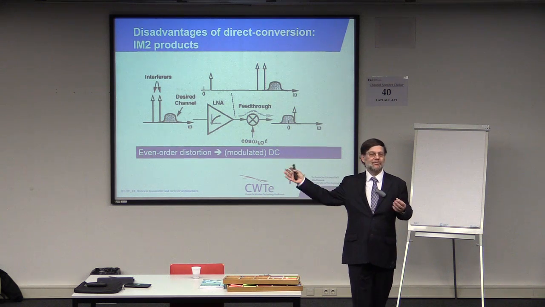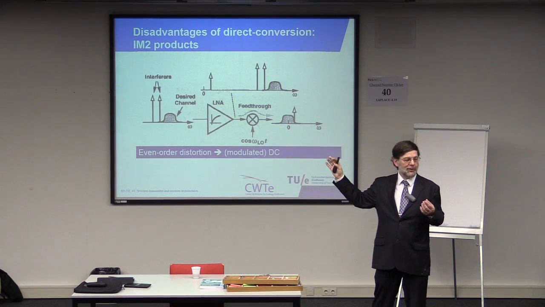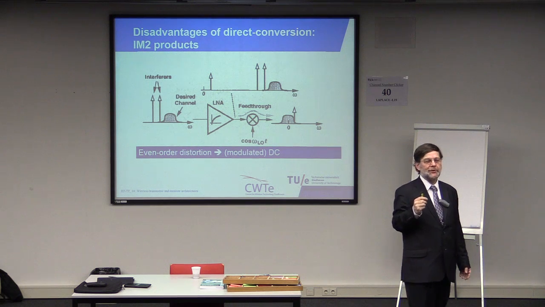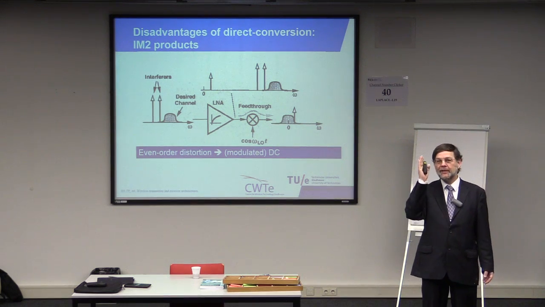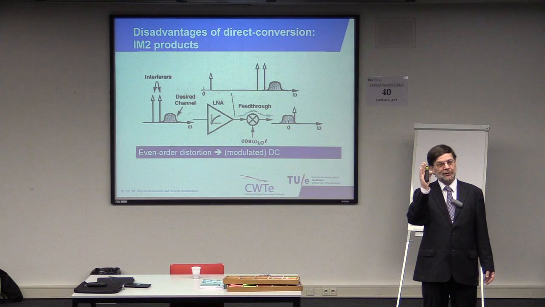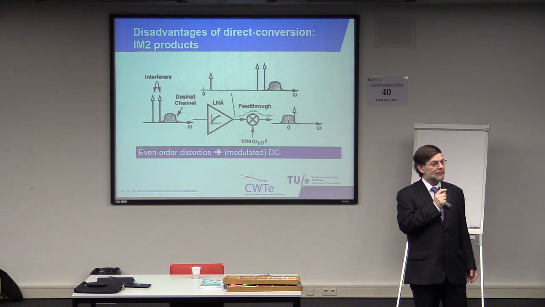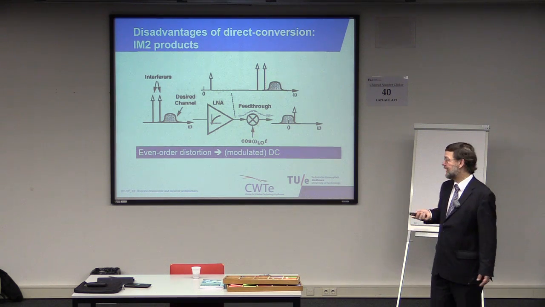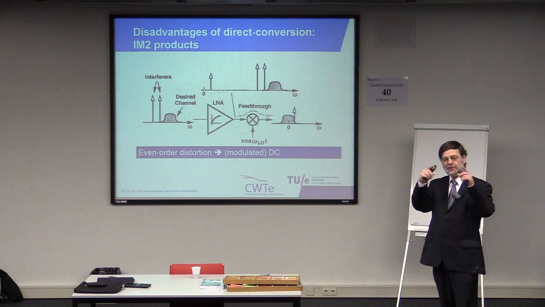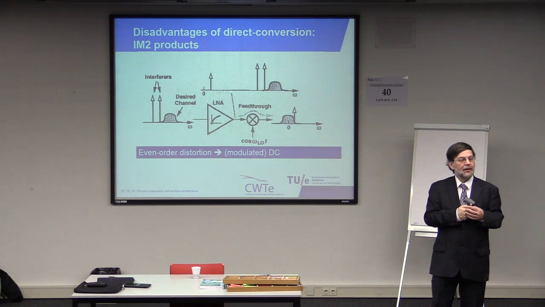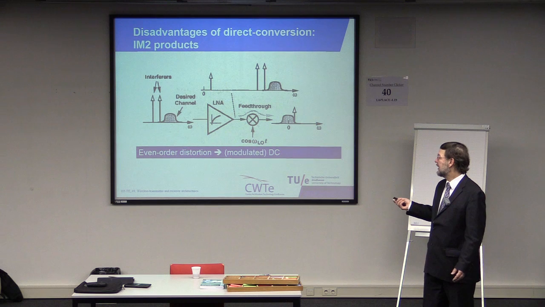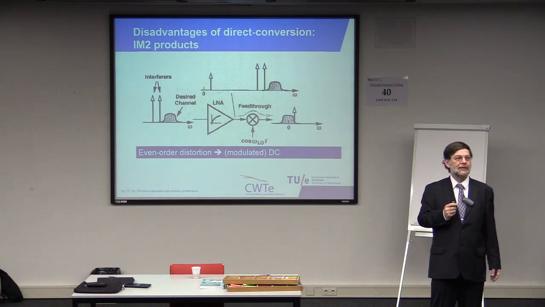And something at twice the frequency, but we don't worry so much about twice the frequency. But we do worry about the DC component, because the DC component is exactly at the middle of the IF frequency that we're trying to receive. If it's modulated, well, we get a modulated signal exactly in the middle of the signal we're trying to receive, independent of the frequency of the interferer.